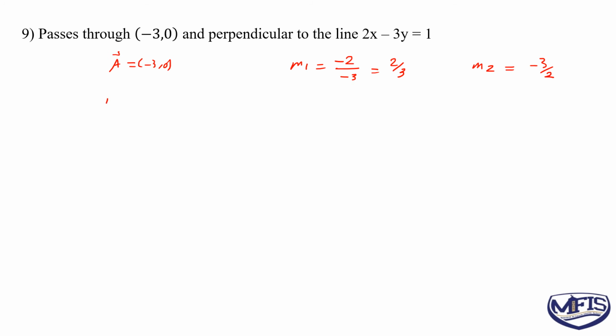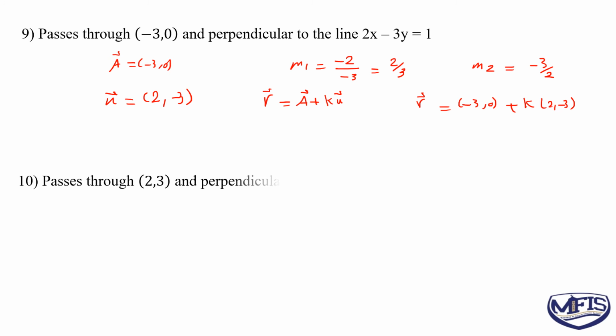So the direction vector u will be (2, -3). So we can write r equal A plus k multiplied by the u vector. So r equal (-3, 0) plus k multiplied by the u vector, which is represented by (2, -3). And this form is called the vector form.